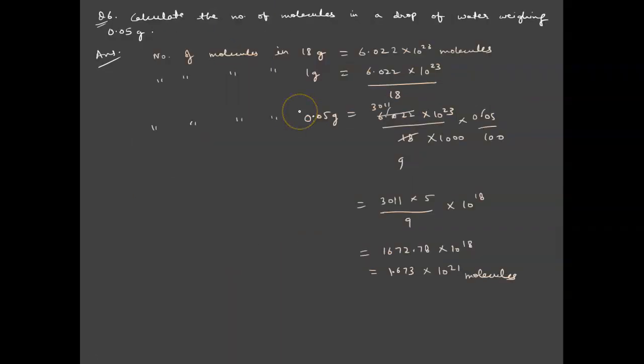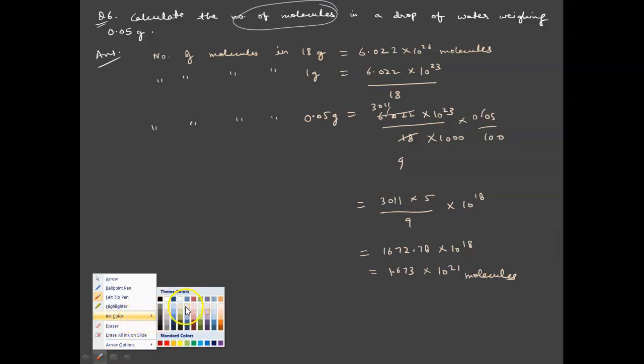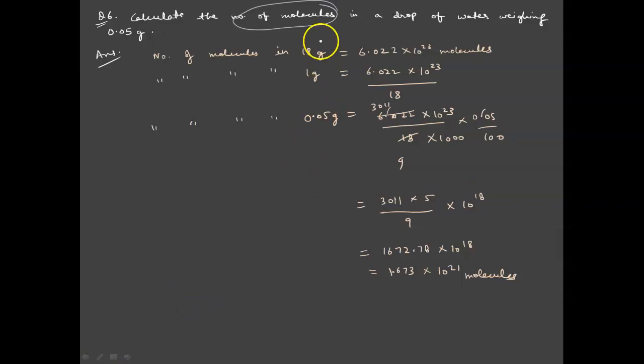Now comes the next question. Calculate the number of molecules in a drop of water weighing 0.05 gram. So we have to calculate the number of molecules, and the mass given is 0.05 gram. In every question, we know the moles and the molecular or atomic mass.